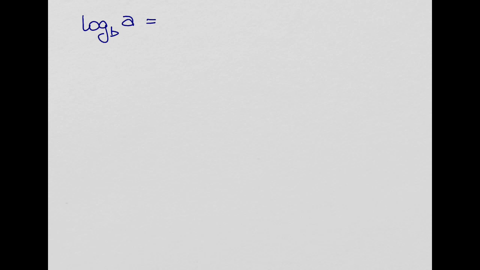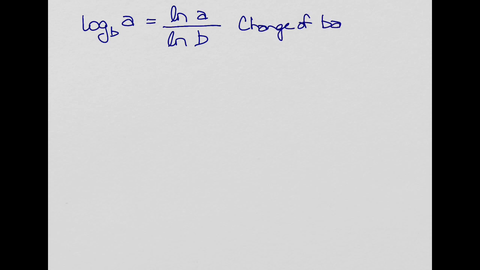It ended up with, I can take the log with some other base of my original number and divide by the log with that same other base of the original base. We're going to call this the change of base formula. And we can use that all the time.